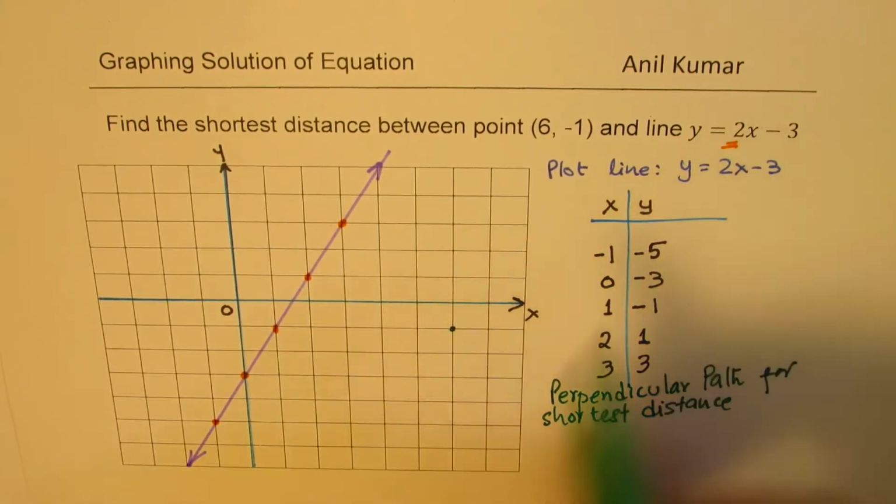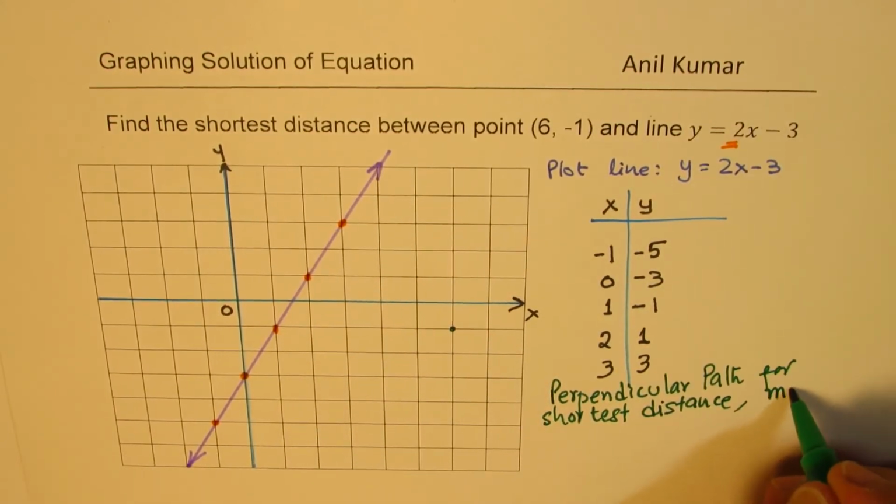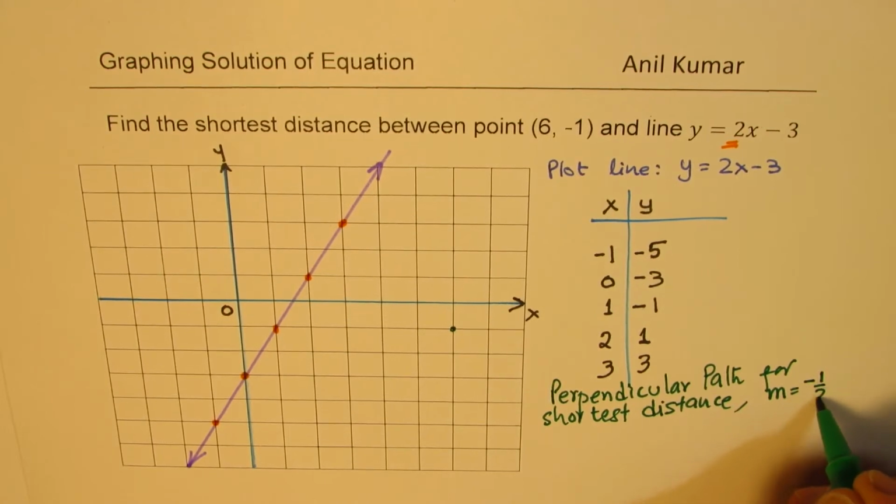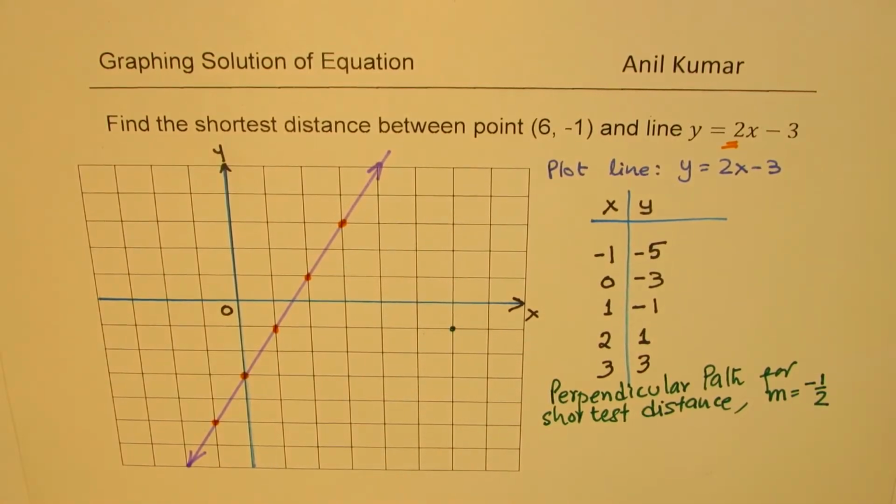Now the slope of the line is 2. So here the slope has to be minus half. Is that clear? So the slope has to be minus half since the slope of the line is 2. Minus half means we could go up by 1 and 2 left, right?